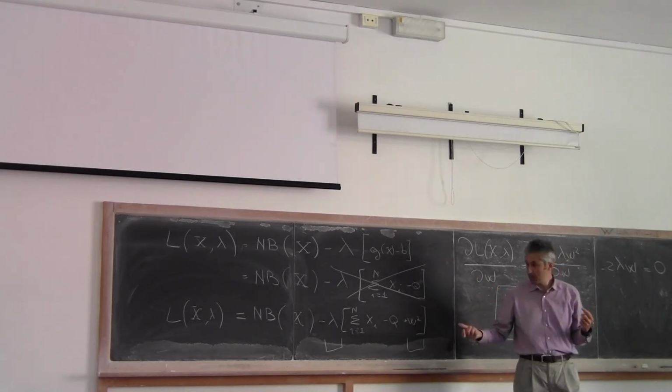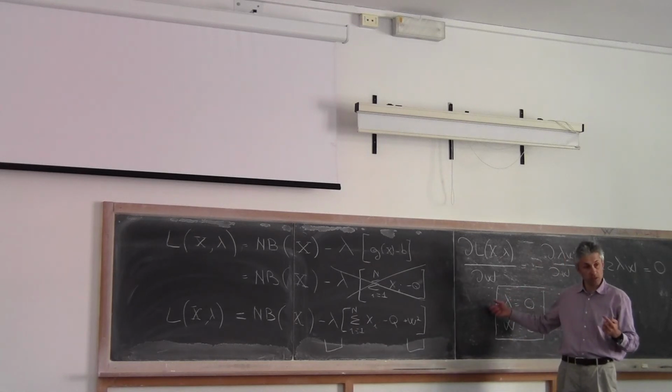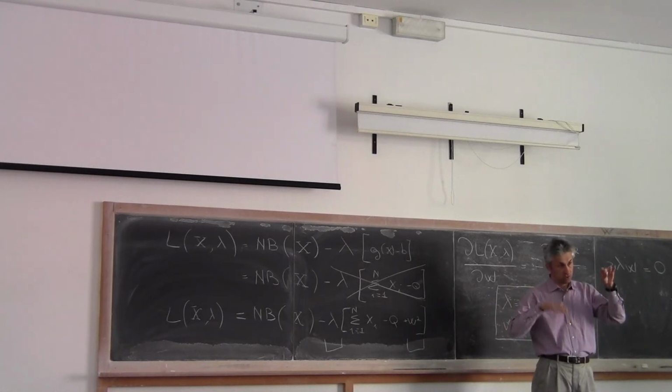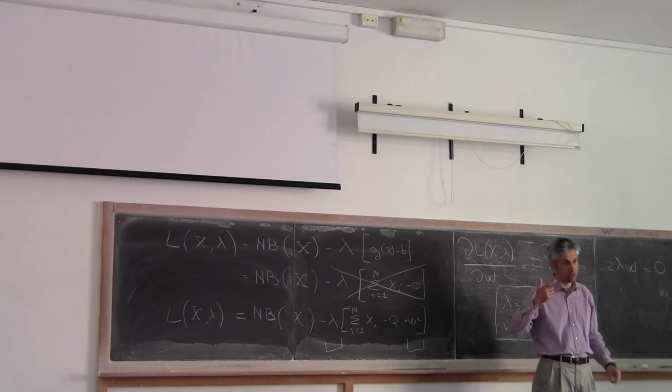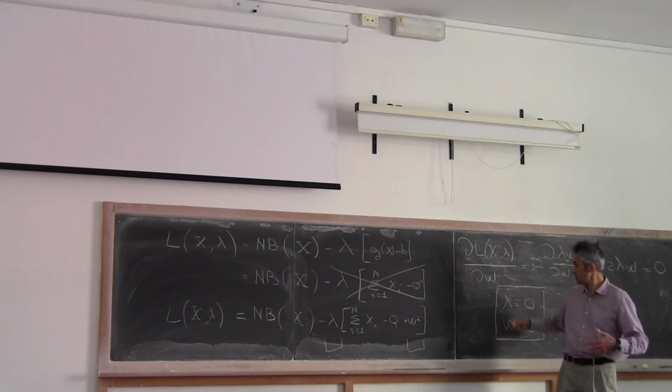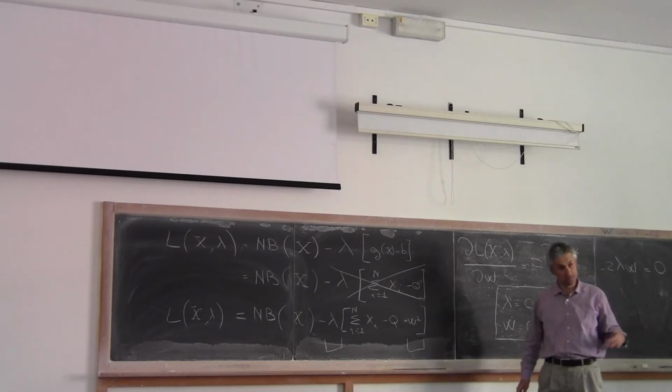If the constraint is an inequality constraint, any additional constraint introduces two additional solutions, not just one, because for any constraint you have to consider the solution lambda equal to 0 and the solution w equal to 0.